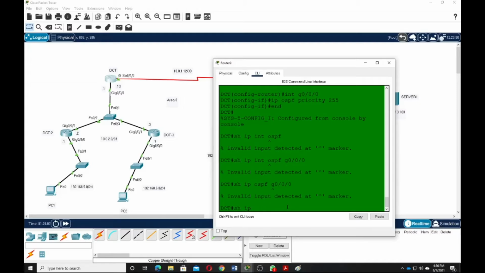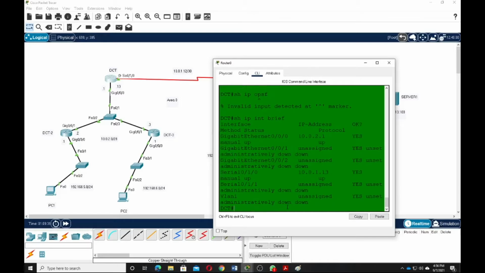Show IP OSPF interface G0/0/0. Where's the command? Show IP OSPF interface. This one.